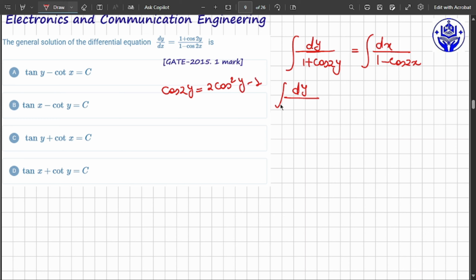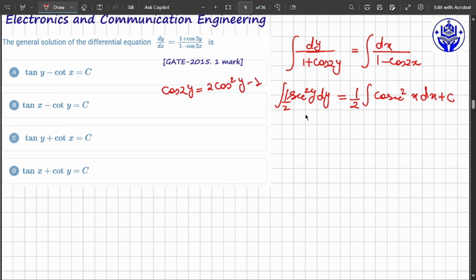So I can simplify it. I can write it as sec square y dy times 1 by 2, and again 1 by 2 cosec square x dx plus c.